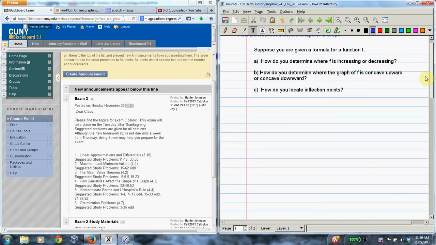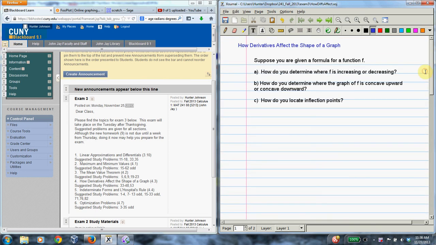Alright, so let's start with the first one here. How do you determine where f is increasing or decreasing?